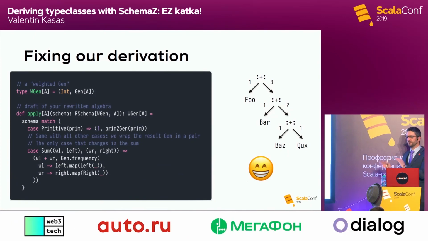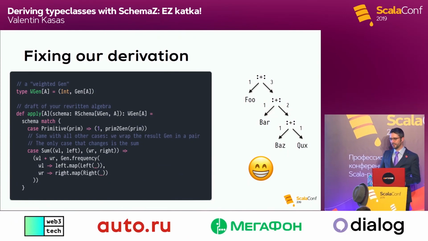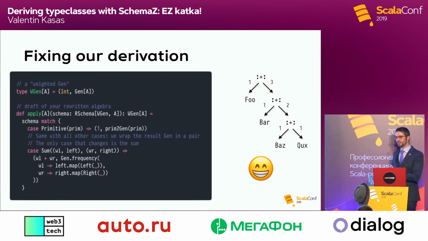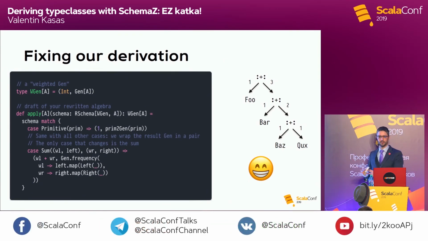So most of the time, deriving with SchemaZ is pretty easy, but sometimes you have to think a little bit harder. But the cool thing is, with recursion schemes, once you get used to it, everything is possible. It's just a matter of scratching your head a little bit more. And still, you keep the testability and the exhaustivity checking and so on.